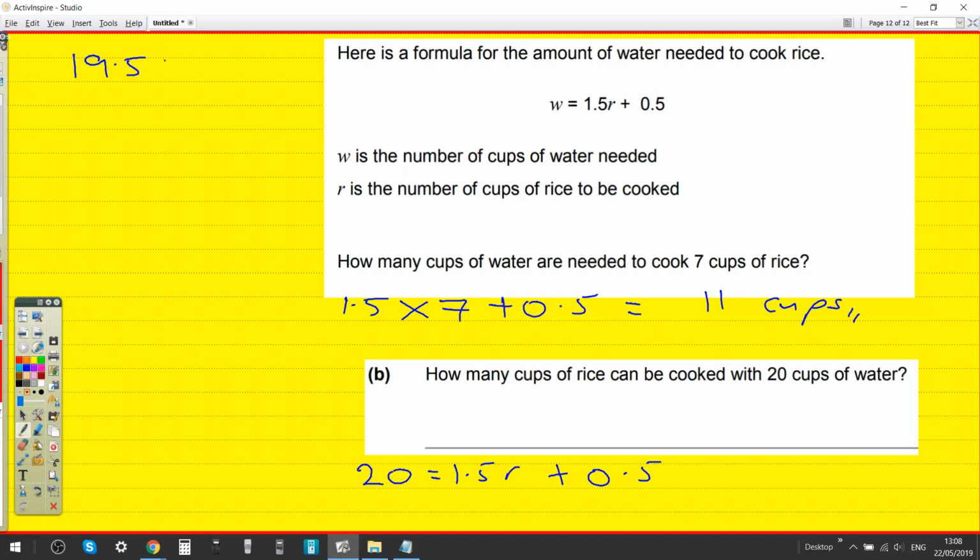So there'll be 19.5 equals 1.5R. And we just divide 19.5 divided by 1.5. And that should give you the answer. So 19.5 divided by 1.5 is 13. So R equals 13. 13 cups of rice. Yep.